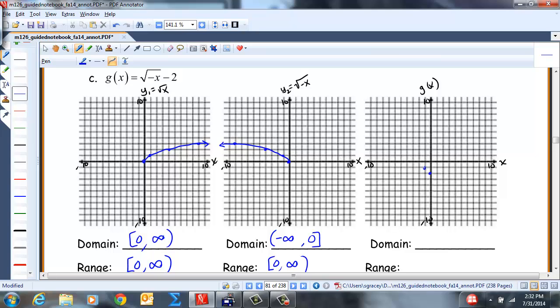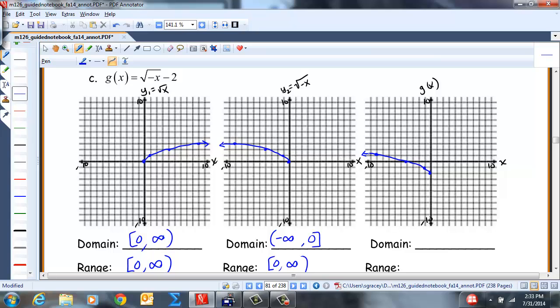And then instead of at negative 4, 2, it'll be at negative 4, 0. And then instead of negative 9, 3, it'll be negative 9, 1. So it'll look something like this.